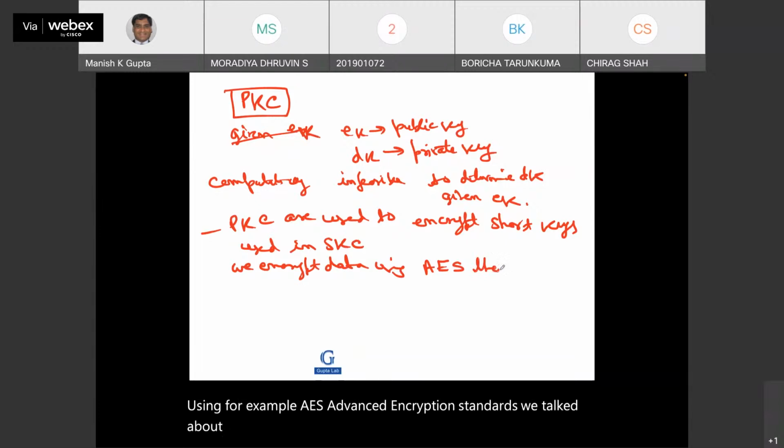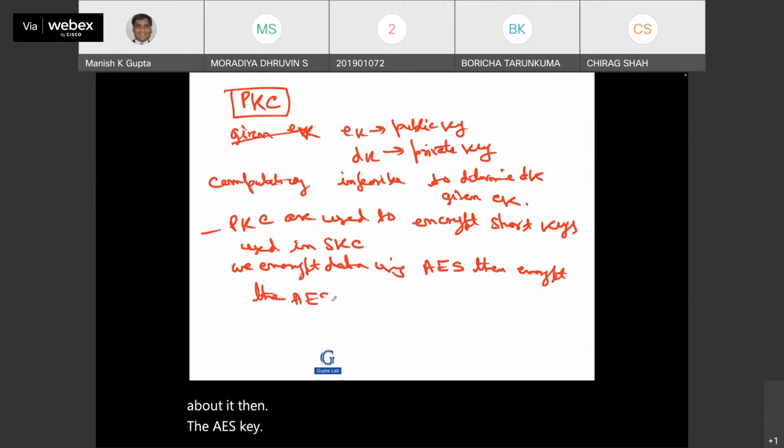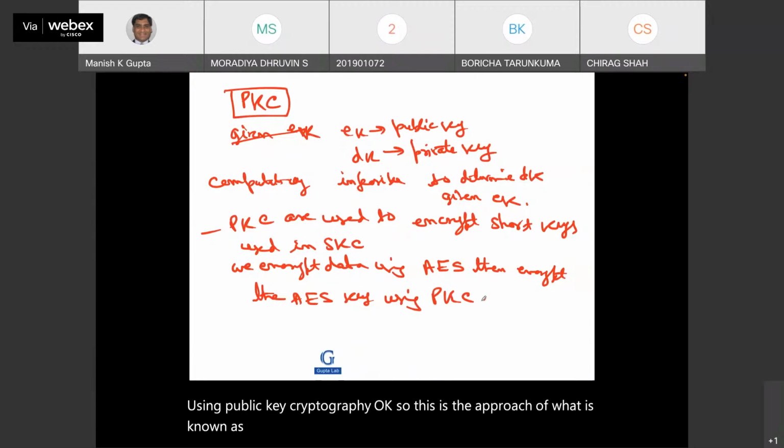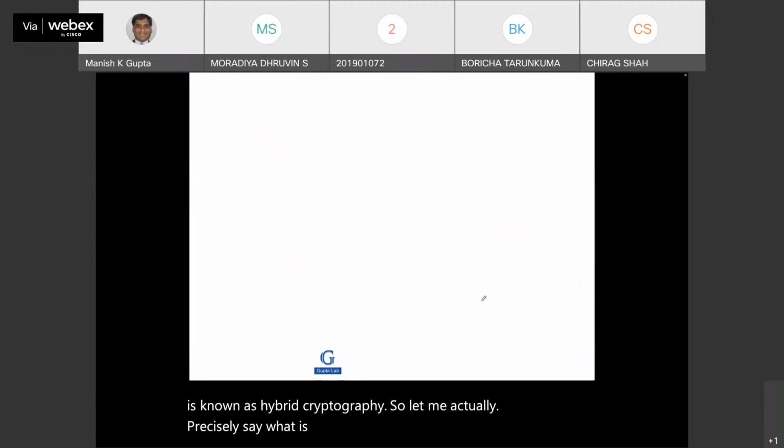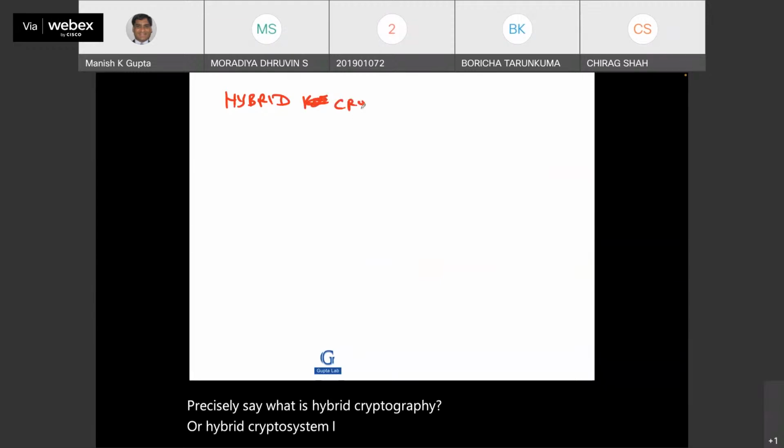Then we encrypt the AES key using public key cryptography. This is the approach known as hybrid key cryptography. So let me precisely say what a hybrid crypto system is.